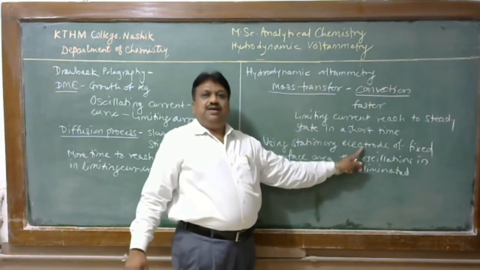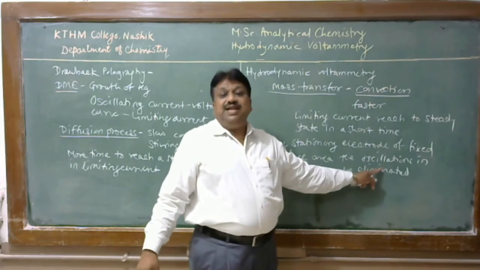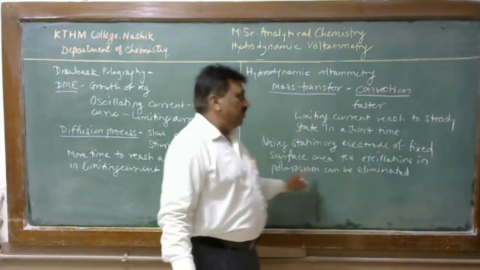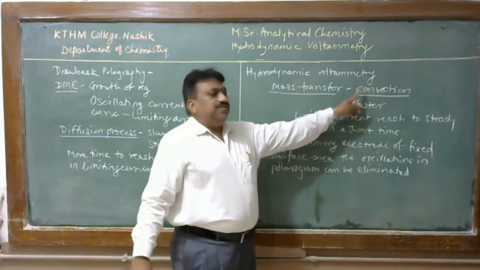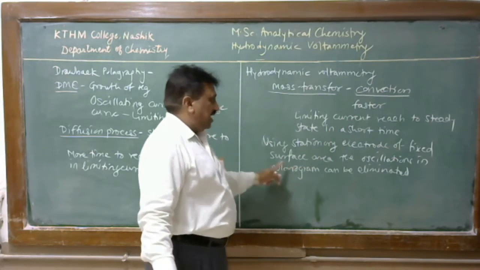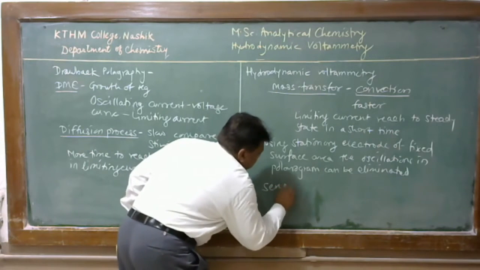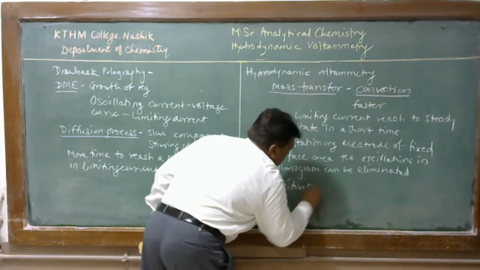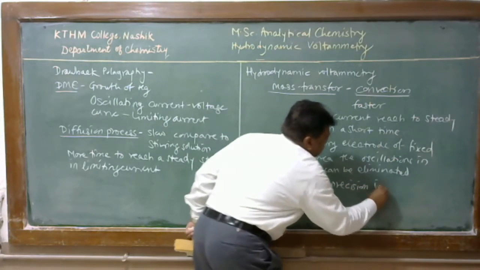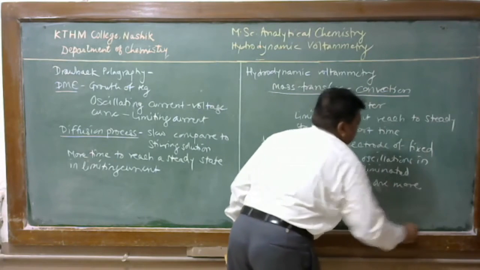Therefore, rate of reaction is controlled by the surface area of the electrode, and that eliminates the oscillations in a current voltage curve or polarograph. Because of the convection phenomena, steady state in limiting current is reached very fast, and here the sensitivity as well as precision are more in hydrodynamic voltammetry.